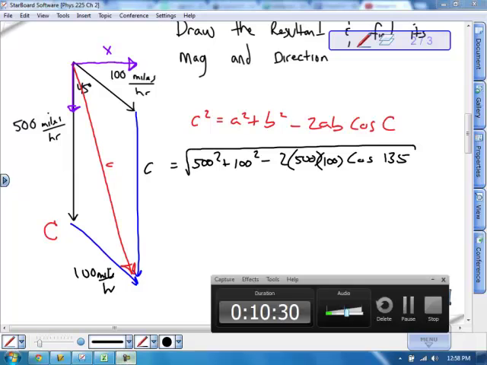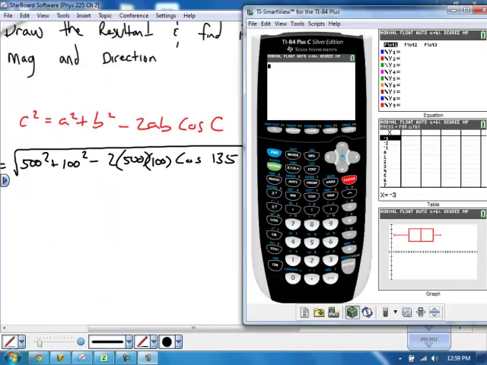Let me pull out my calculator. And you can enter this all into your calculator fairly easily with the TI-84. Square root of 500 squared plus 100 squared minus 2 times 500 times 100 times the cosine of 135.